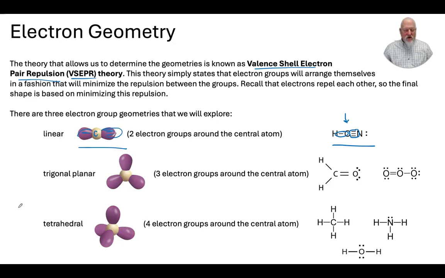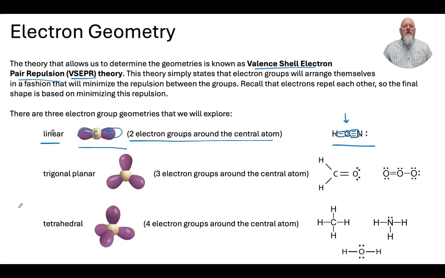Because my two bonds are in a straight line with the carbon, we call that electron group geometry linear. Anytime we have two electron groups on the central atom, and only two, the electron group geometry is going to be linear.